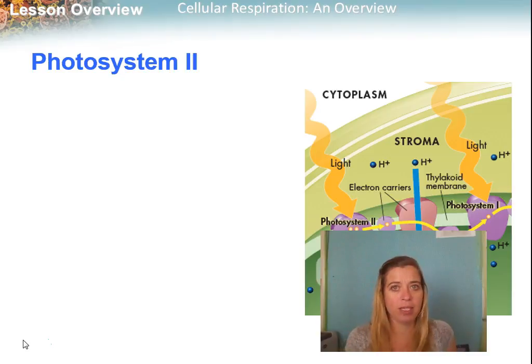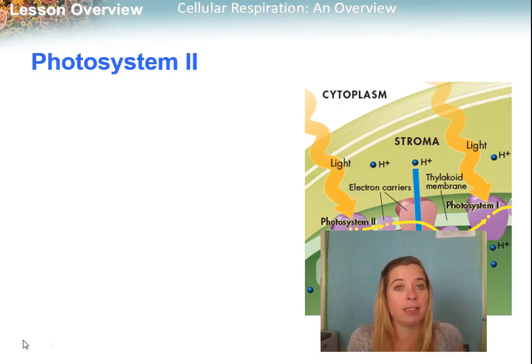But what happens to the hydrogens? Well, if you remember, hydrogens are just a proton and an electron. And so what happens is those hydrogens are left behind. But then their electrons are ripped off and shunted into the photosystems.